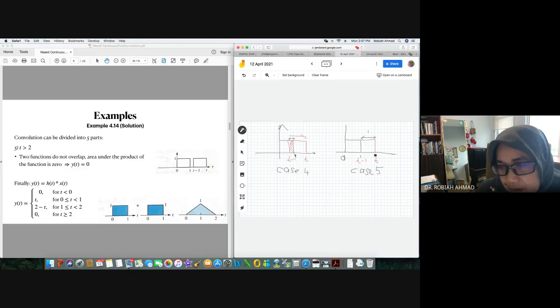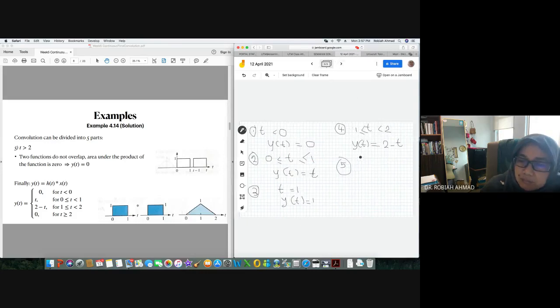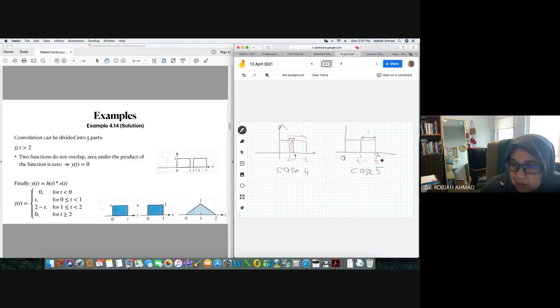So if this is 1, this is 2. So bila t more than 2, so no more overlapping. So our signal will be 0. Ini tadi, so now t equal to 2. So tak ada overlap lah.